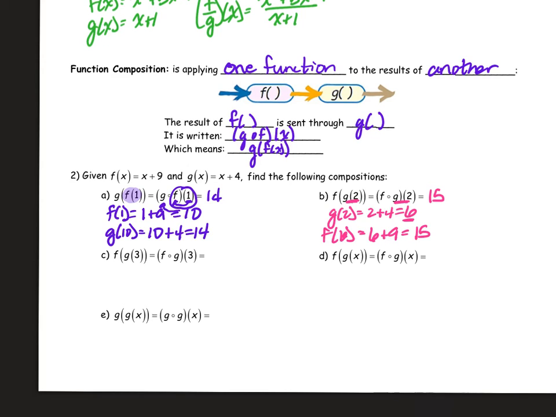Okay. I'm going to go again. I'm going to find g of 3. So 3 plus 4 equals 7. And then I'm going to take that answer and substitute it in for g of 3. So I get f of 7 equals 7 plus 9, which is 16.